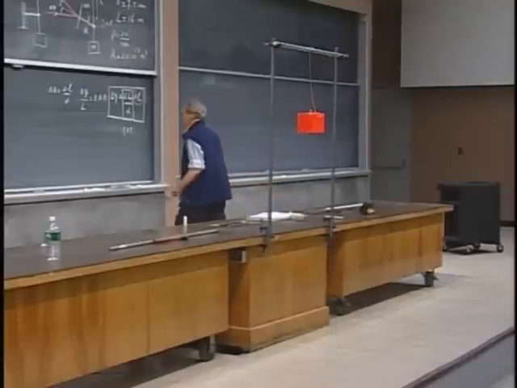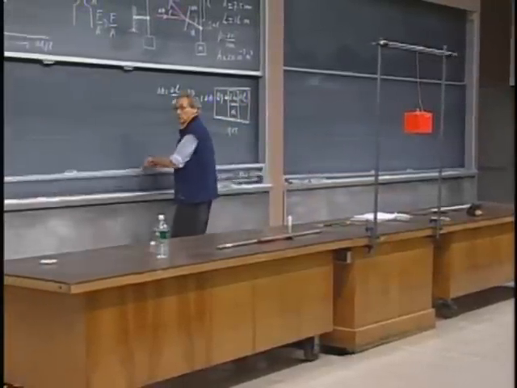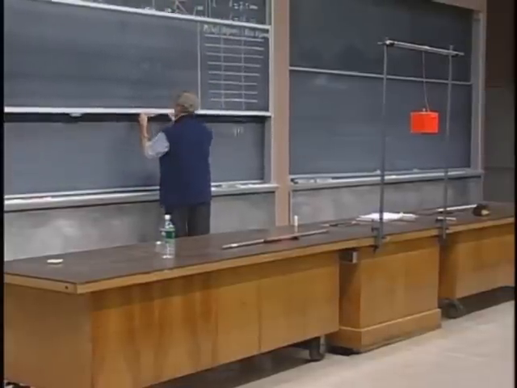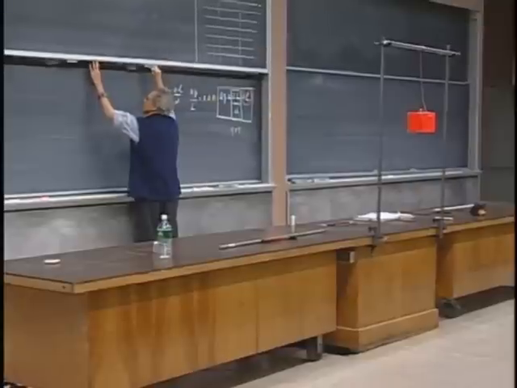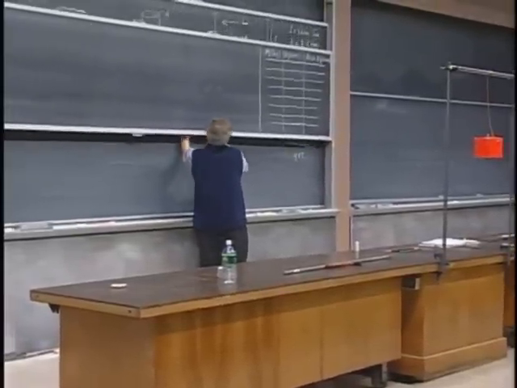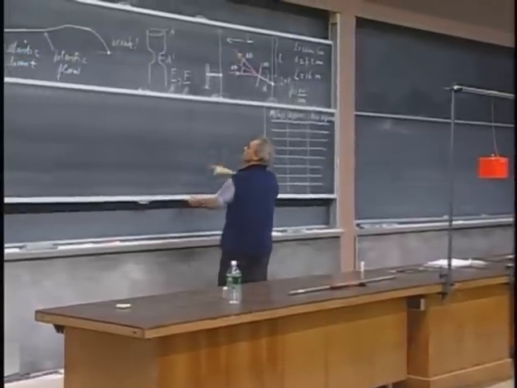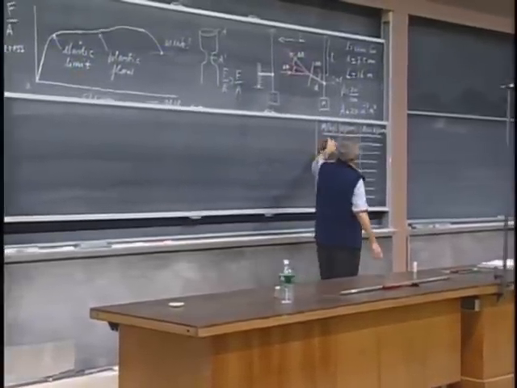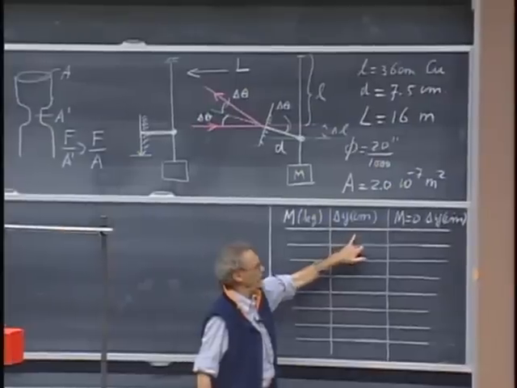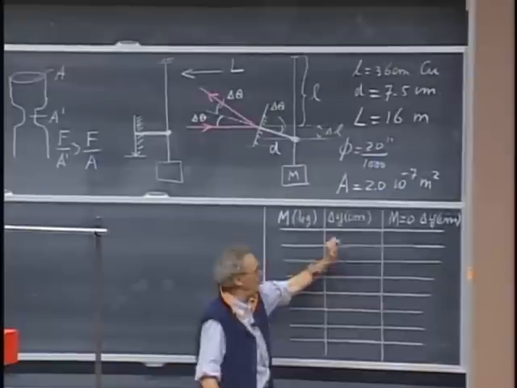So I will now make an attempt to load down the copper wire. We can actually leave this here, so you can see that curve. So we start here, we go up with 0.5 kilograms. We will write down how much that laser spot goes up on the wall.